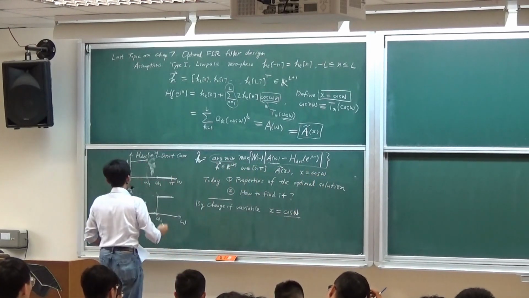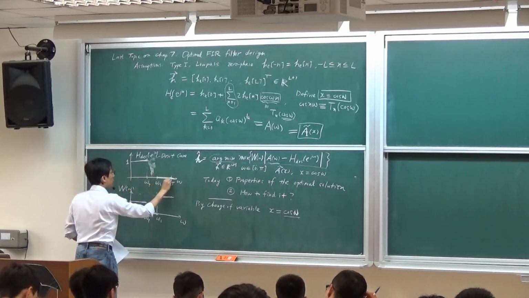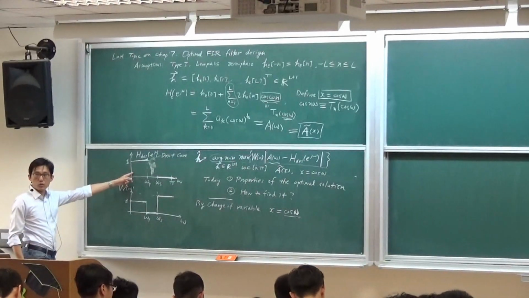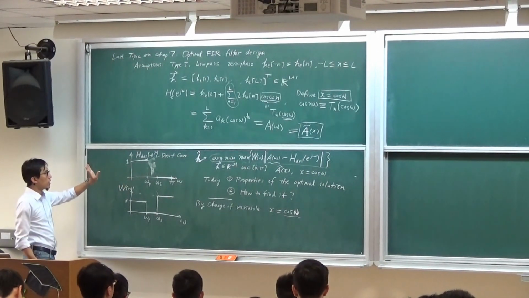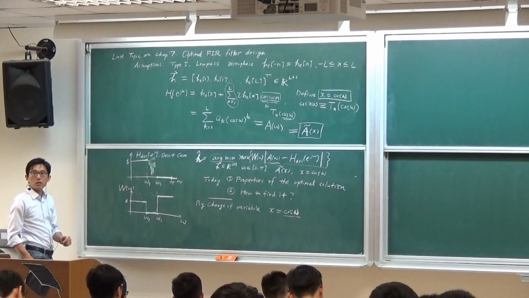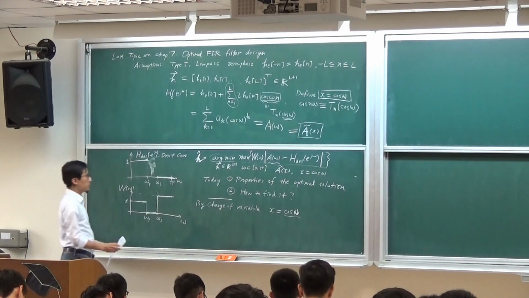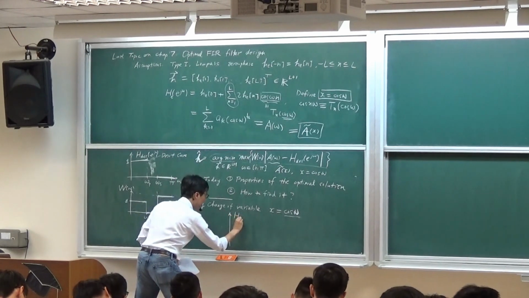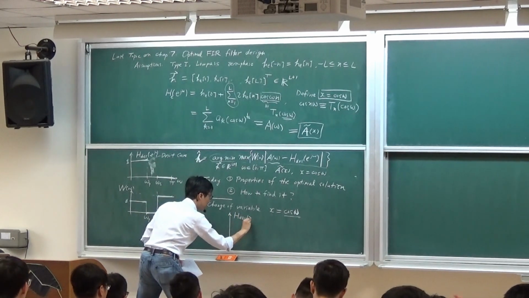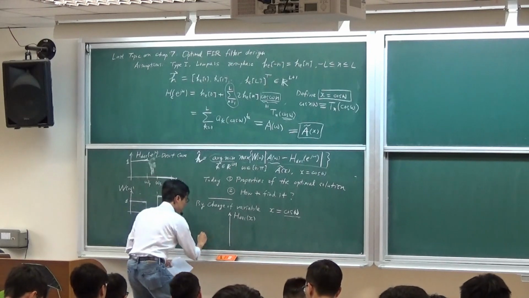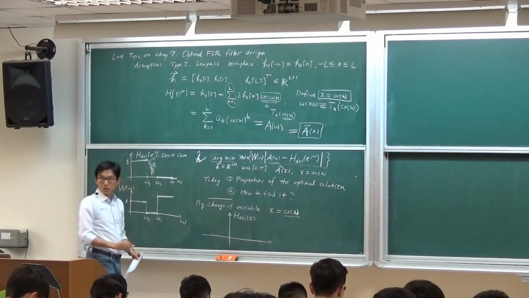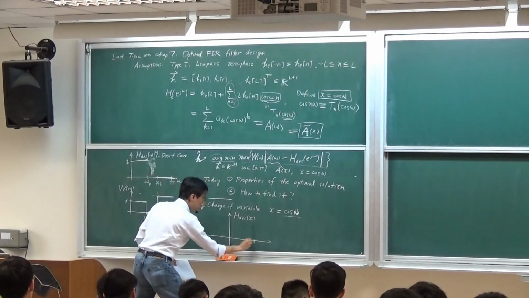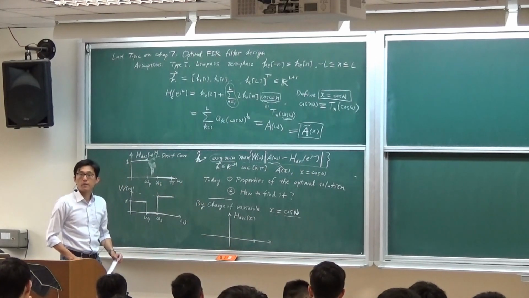And note that the desired response, if omega is the variable, is a low-pass desired response, right? But now when we define x equals cosine omega, the desired response becomes, in terms of x, let's take a look, okay? x equals cosine omega, so omega equals 0, DC, corresponds to x equals 1, right?